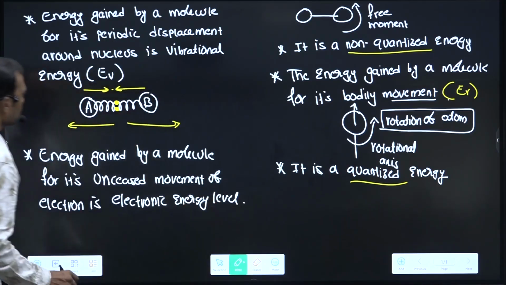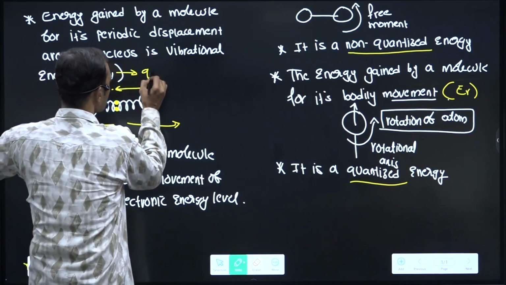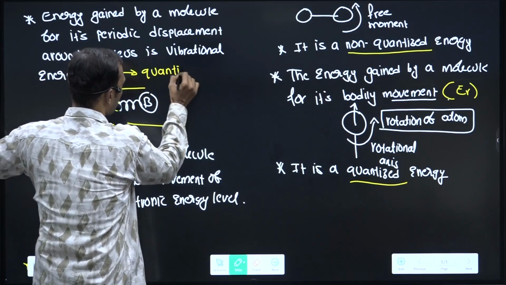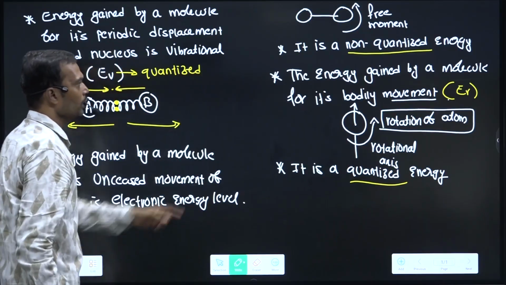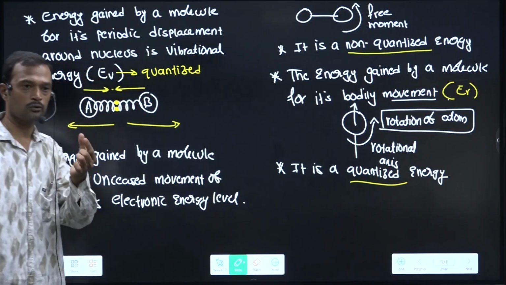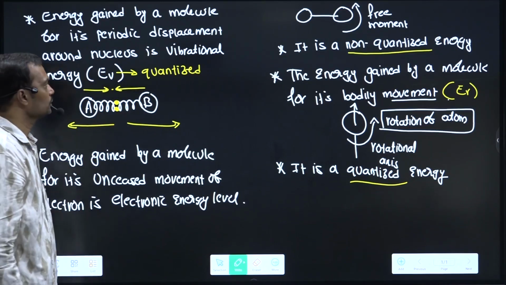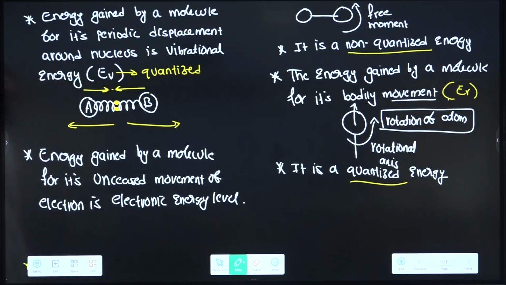So here you write one point: it is quantized. Remember, EV is quantized energy. Only translation is non-quantized, remaining all are quantized. Quantized means we can measure. Non-quantized means we can't measure. Vibration is measured.